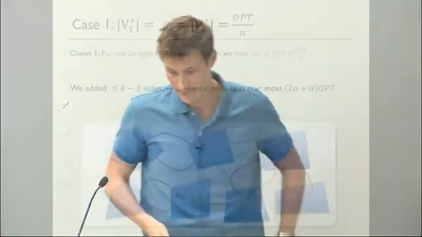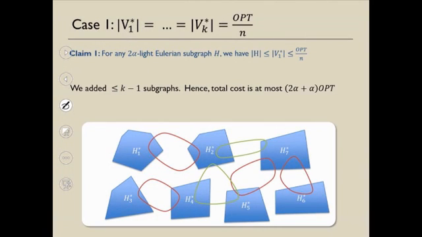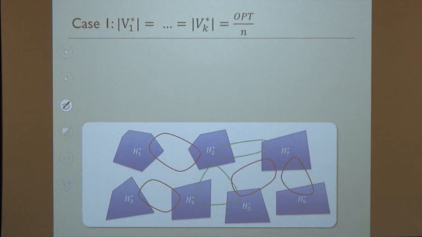Okay. And now how many such guys do we have to add to connect the graph? Well, we have to add at most k minus 1. Like in a spanning tree, we have to connect the graph with k components. We have to add at most k minus 1 guys. And each guy has cost opt over k. So here we add these alpha light guys, and in total we added k minus 1 guys.